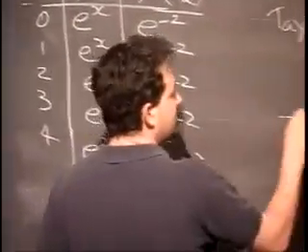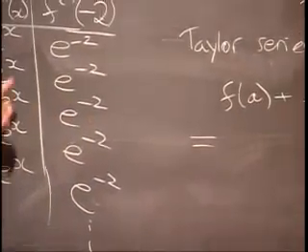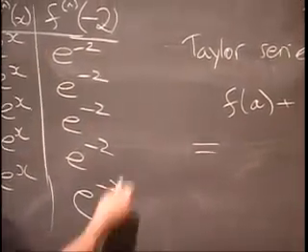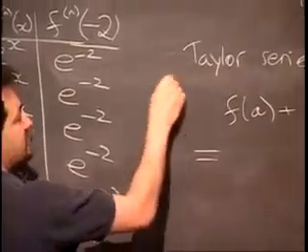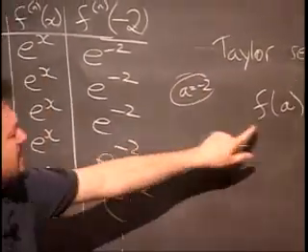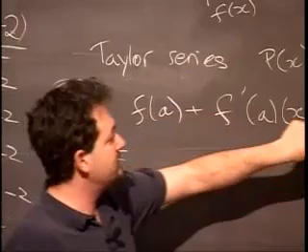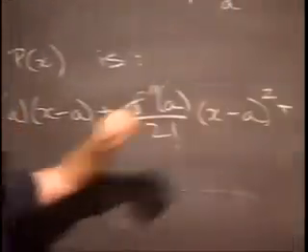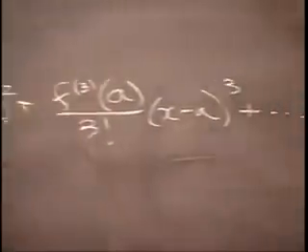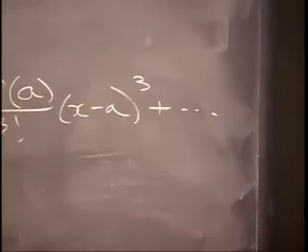But in this case, a happens to be minus 2. So I'm going to immediately specialize a as minus 2. And at the same time, I'm going to copy the values of f of minus 2, f prime of minus 2, f double prime of minus 2, f triple prime, etc., from this column here. And once again, they're all equal.